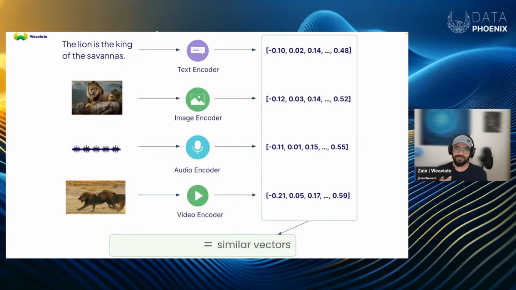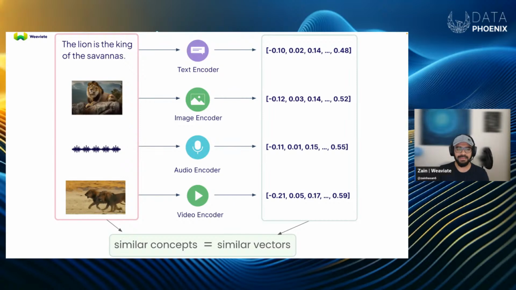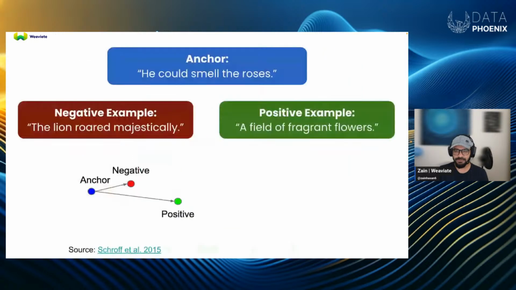And how we train them is essentially by saying if the concepts are similar, you give it training data points. And if the data points are similar, then the vectors should also be similar, right? And you keep on doing this over and over across different concepts that you want the model to understand. And eventually you'll end up with a multimodal embedding model where similar concepts will have similar vectors.